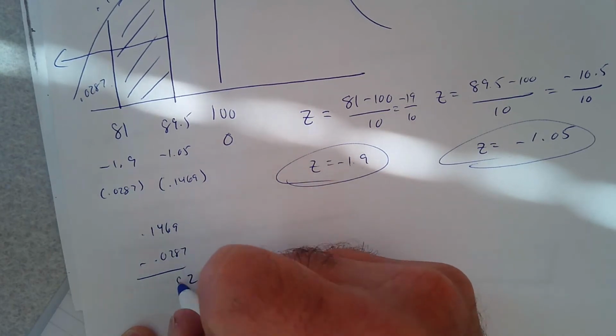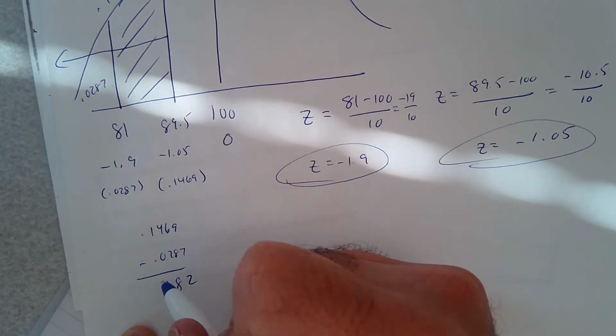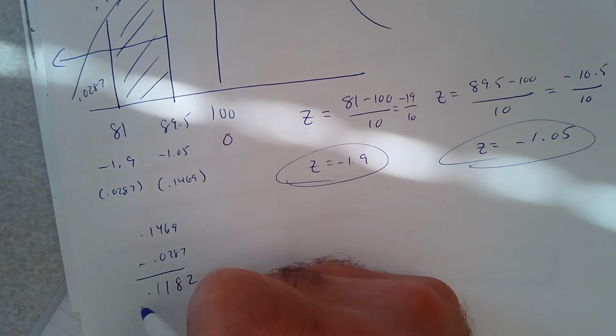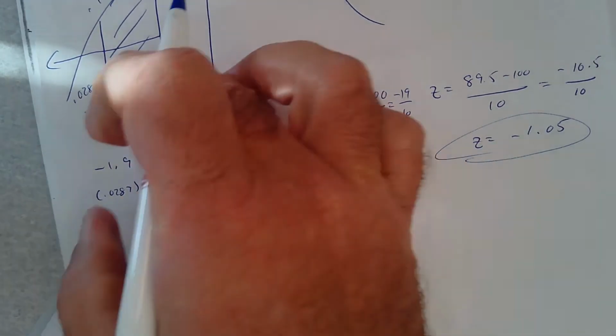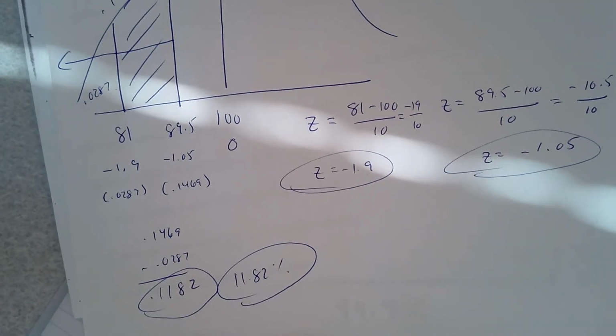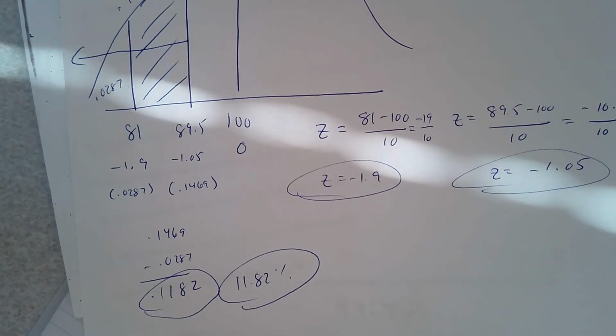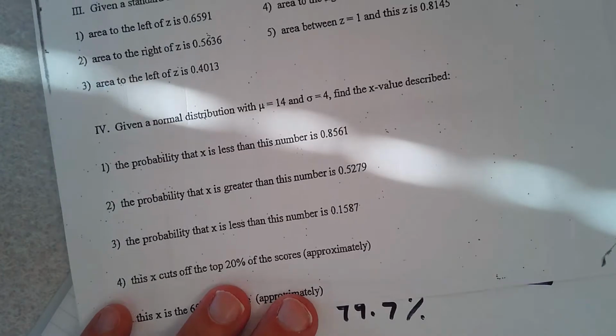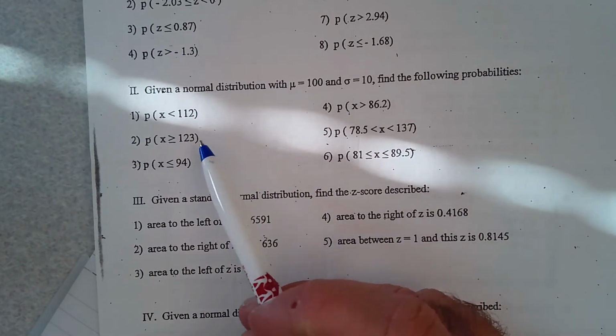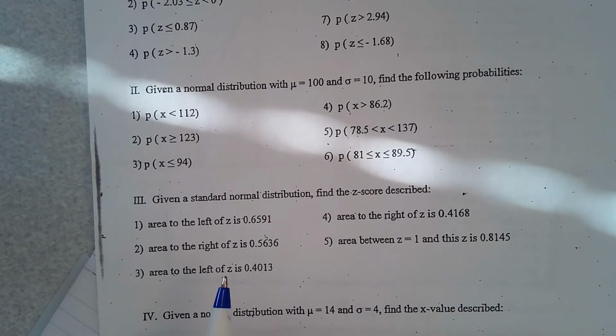And when I do that, what I'm going to end up with is about 11.82% chance of that happening. Small percentage that the score is going to be between those two values. So that's how we answer those type of questions in part 2.